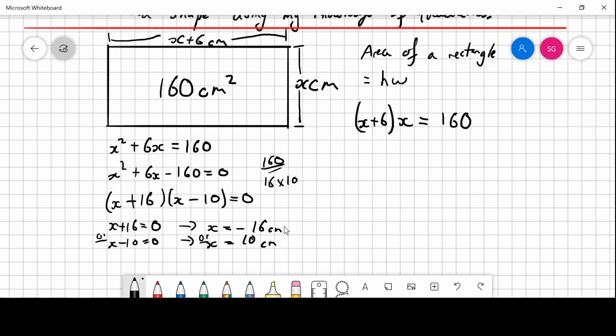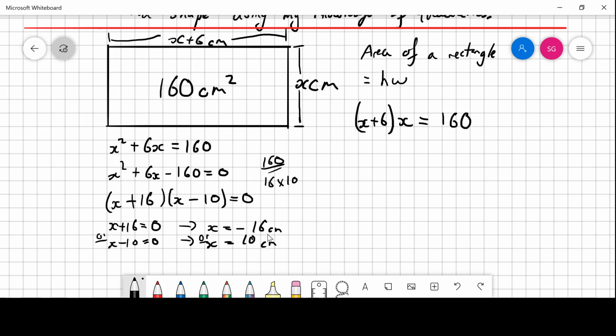But wait, which one of these do we use? Well, it only makes sense that the height of this is positive, right? It wouldn't make sense to ask, how tall are you? Oh, I'm minus 1.5 meters. It would be like, what are you talking about? You only really ever measure things in positive numbers.